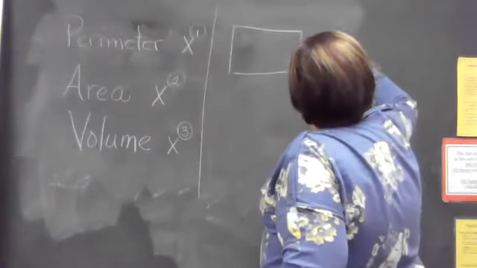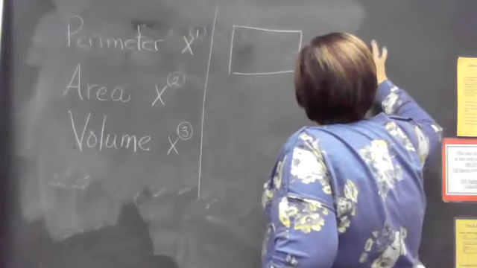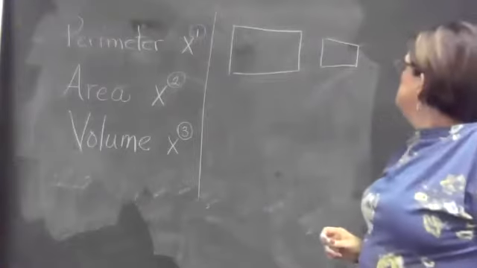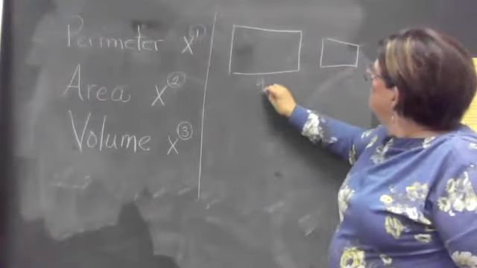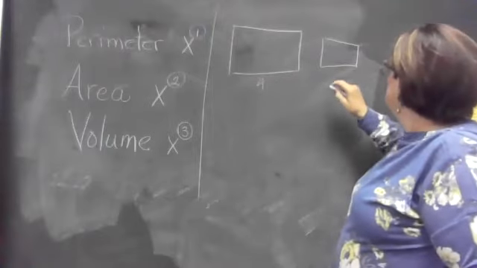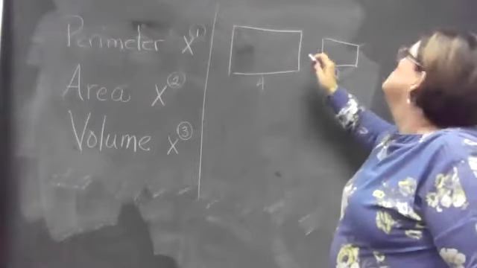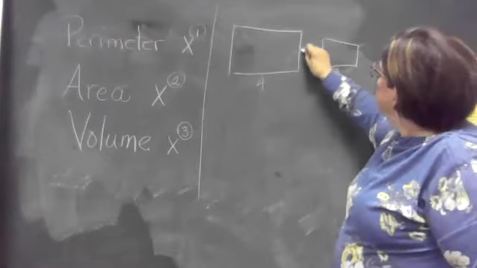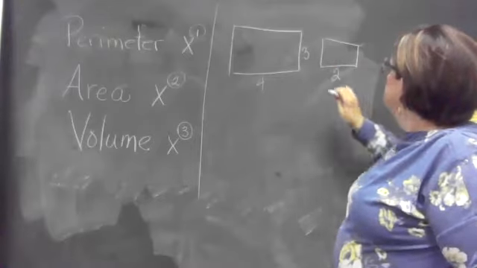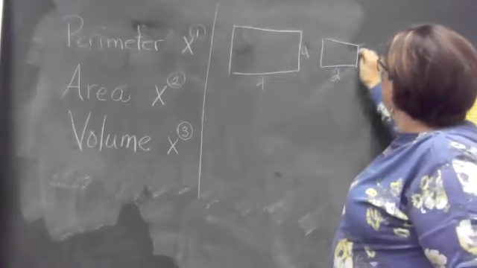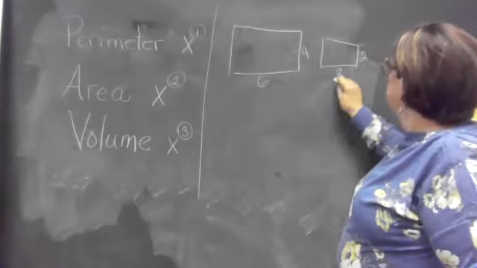I'll make the other one kind of look like it. There we go. Okay, now let's say that this is 4 inches or whatever, and this is 2, and this is 3. Actually, that won't work. This is 4 and 2 is 6 and 3.